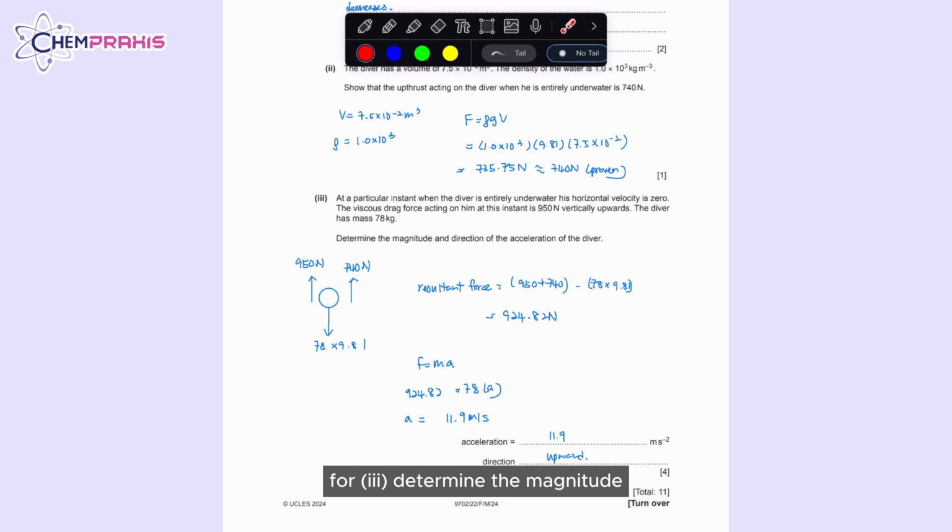For Roman 3, determine the magnitude and the direction of the acceleration of the diver. To answer this question, when you see acceleration, you know that there will be a resultant force. To know the resultant force, it is important for you to break down the forces acting on the object first.